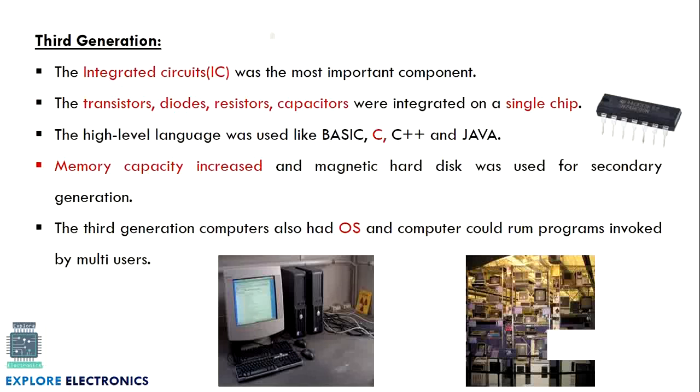To interact with the computers, higher level languages were used like BASIC, C, C++, and Java. Also, the memory capacity was increased drastically. In the third generation, OS, that is operating systems, were introduced, with the help of which the computers were able to run the programs invoked by multiple users.